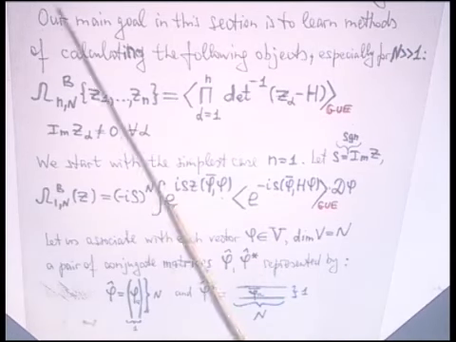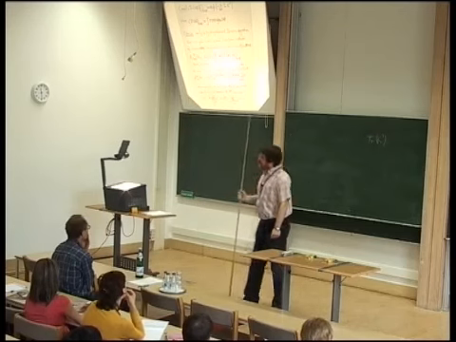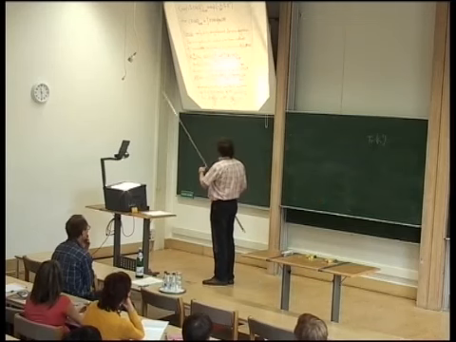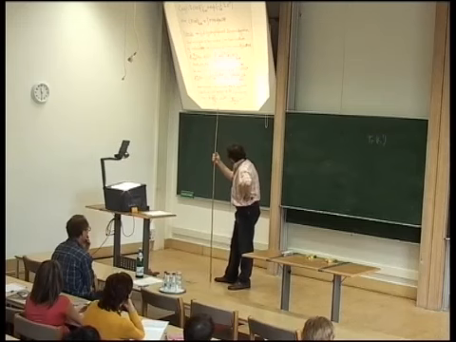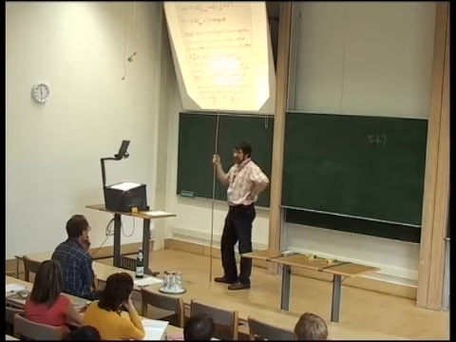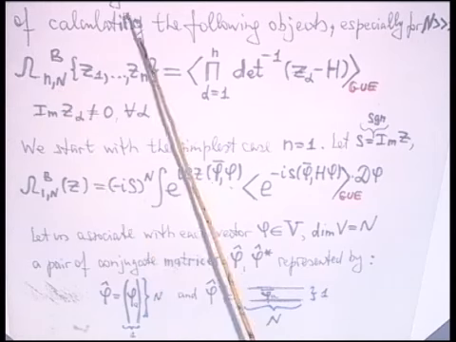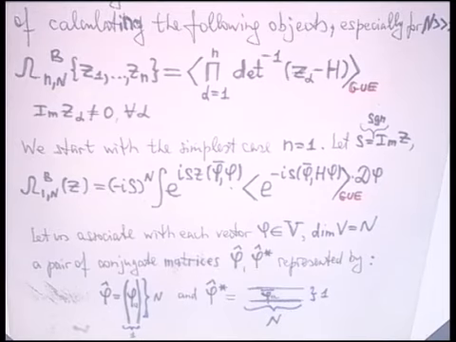And also, for reasons which are completely unclear now, but will be clearer later on, I will put here a capital index B, which stands for so-called bosonic, and I will explain the origin of this name later on. For the time being, I think everything here is well defined already, and we can consider this object.